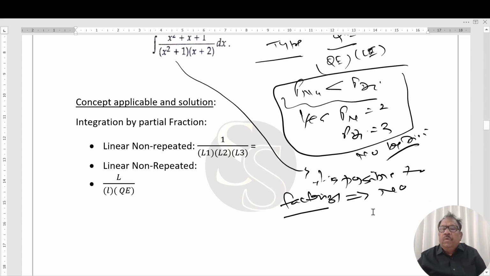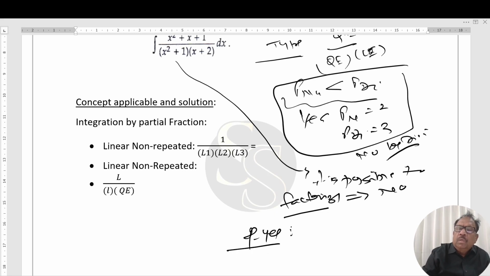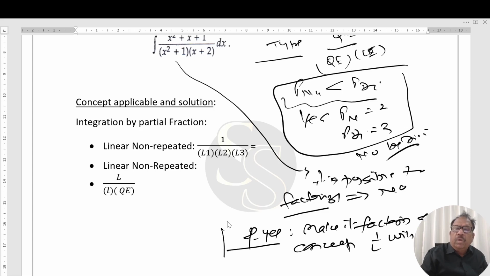No. If yes, then factorize it and the concept of 1 over linear will be used. Be very, very careful. Right? Next.